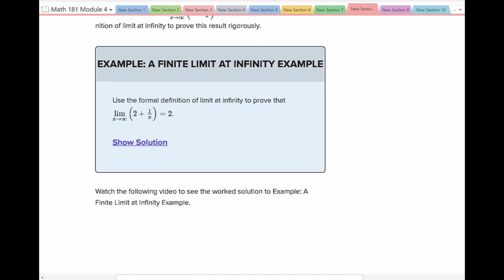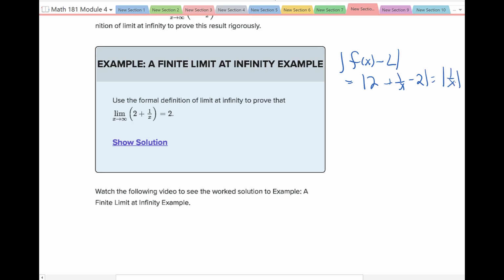Okay, so we have the limit as x approaches infinity of 2 plus 1 over x equals 2. Think of it as we had the absolute value of f of x minus L. In this case, that's going to be the absolute value of 2 plus 1 over x minus 2, which is going to be the absolute value of 1 over x.